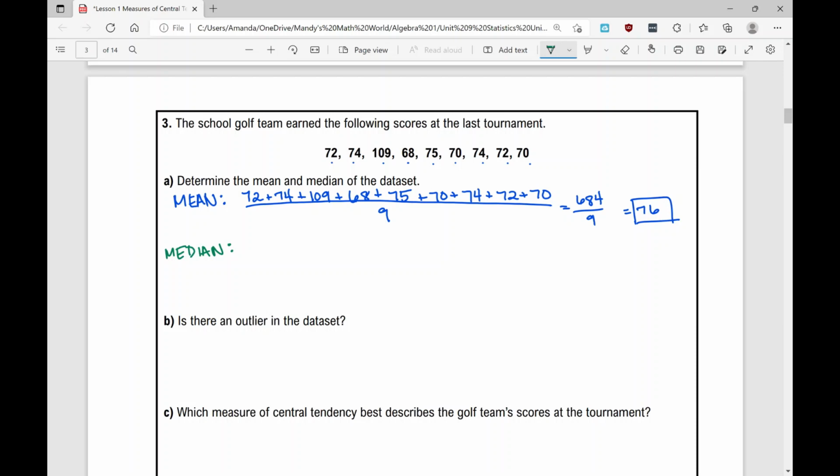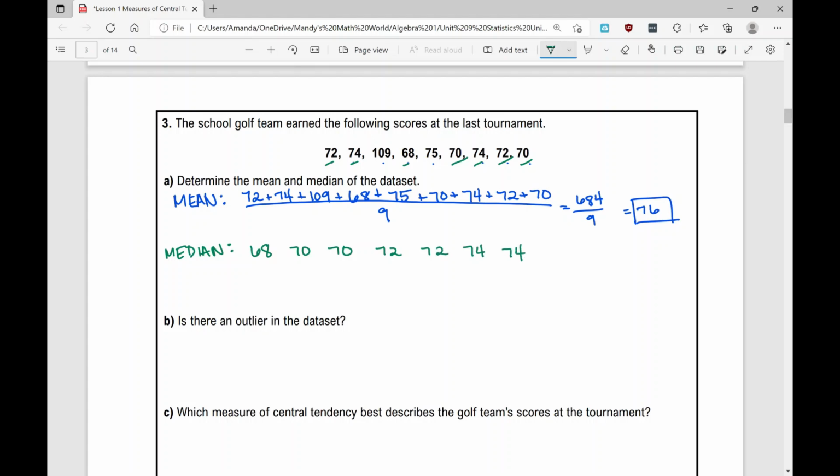So my smallest is 68, and then I've got a score of 70, another 70. I've got a 72 and another 72. I've got a 74 and another 74.